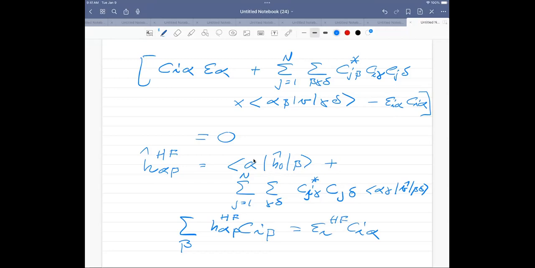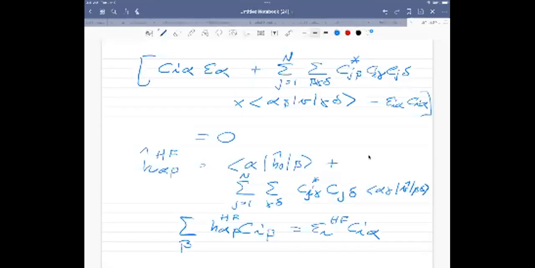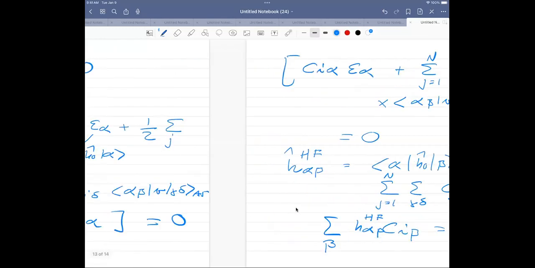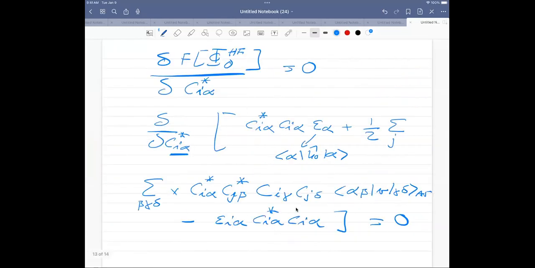When you look at the expressions here, this now runs over all the betas, and you would have over all the i's, because in the derivation here, I picked out one i and one specific alpha.